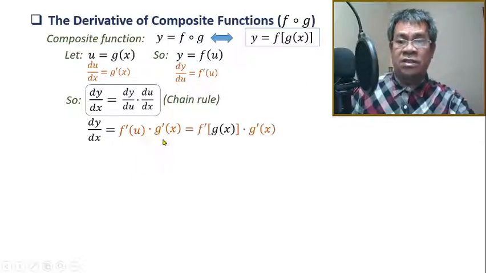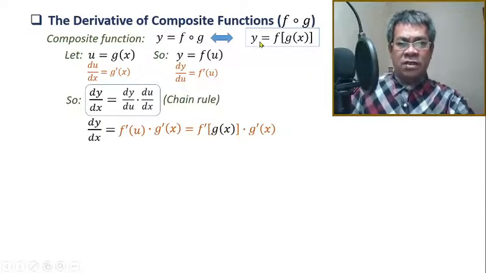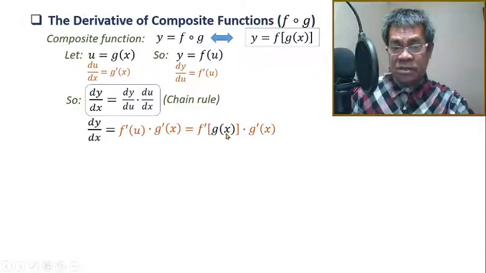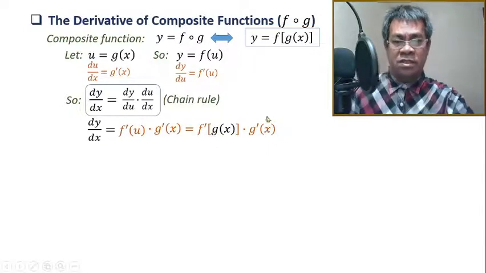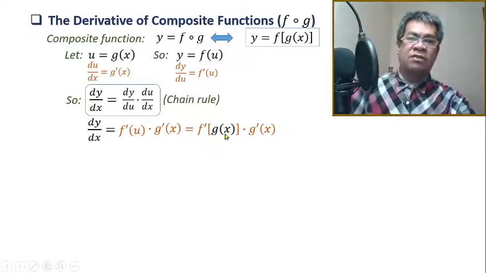We have to replace u with g(x). So if this is our composite function, y as a function of g of x, the derivative is just this: take the derivative of that outer function, then after that, differentiate again the internal part as a component of the answer. Meaning we multiply the derivative of g(x) by the derivative of the function of g of x.